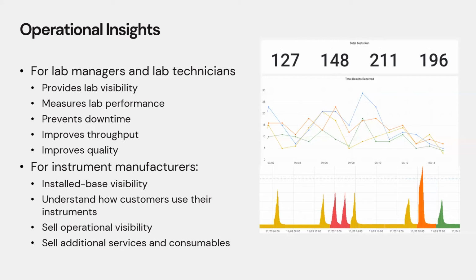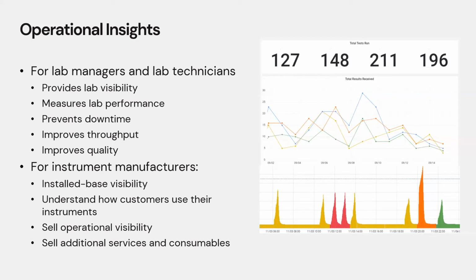But there's also a lot of value for instrument manufacturers when it comes to operational insights, because they enable the manufacturers to have install base visibility. Having that is very important because many manufacturers today, when their instruments get shipped out of their warehouse, have no idea what the customers are doing with the instruments or where they are using them.